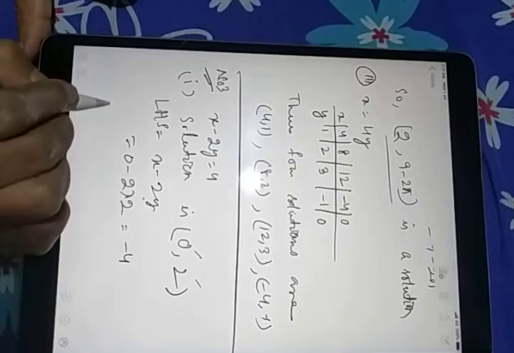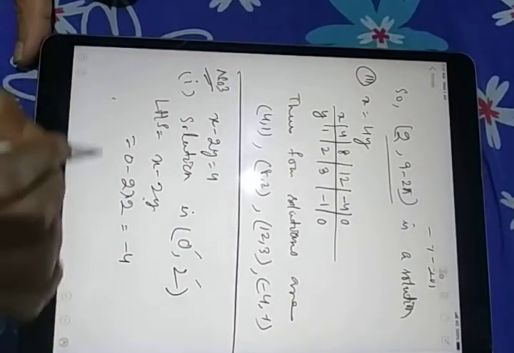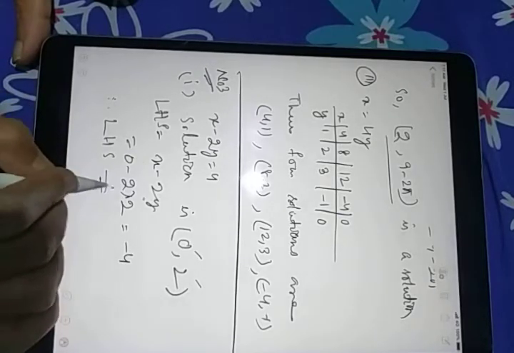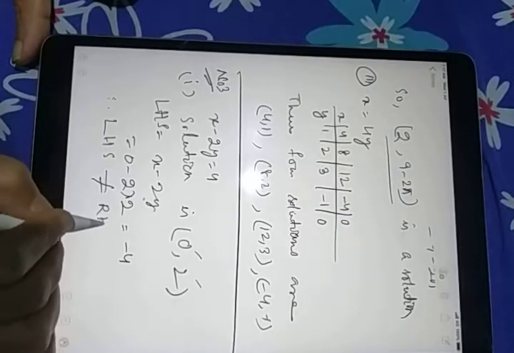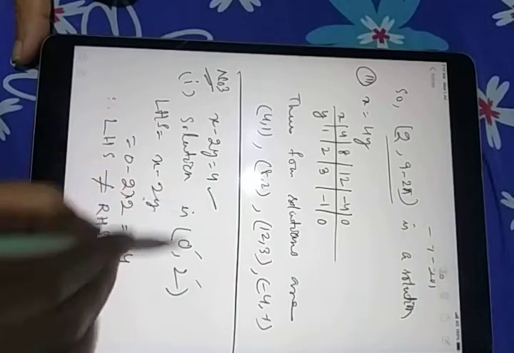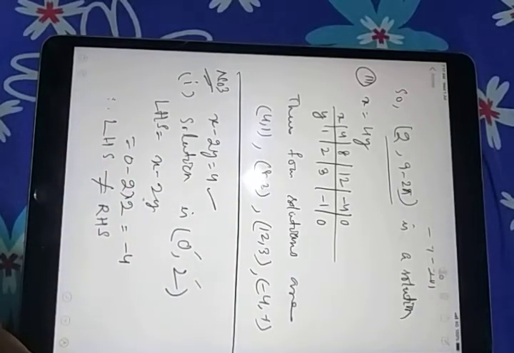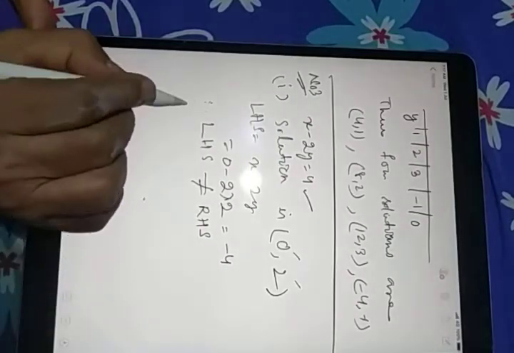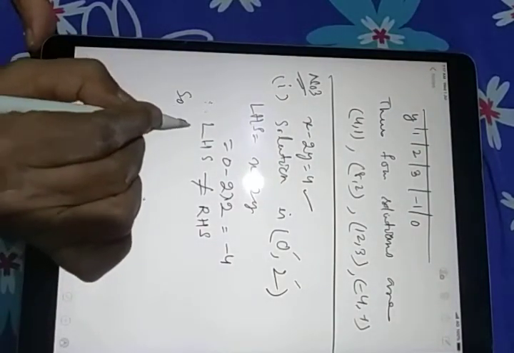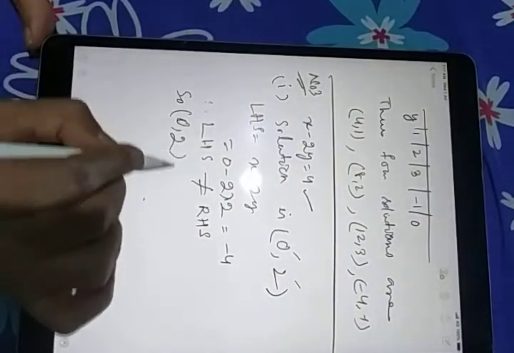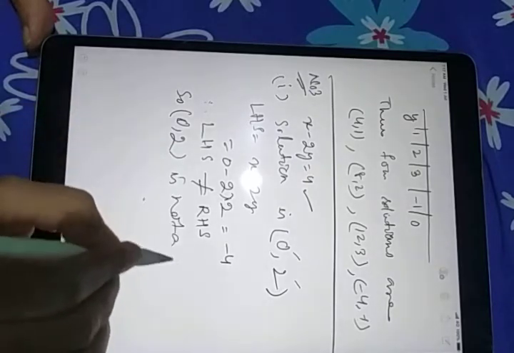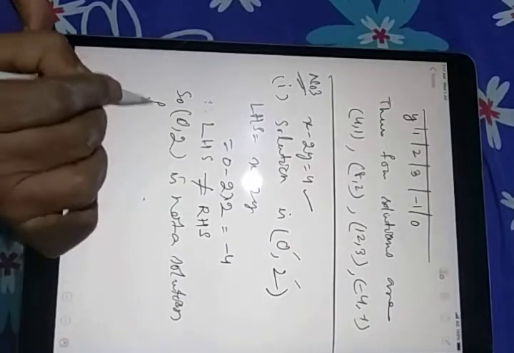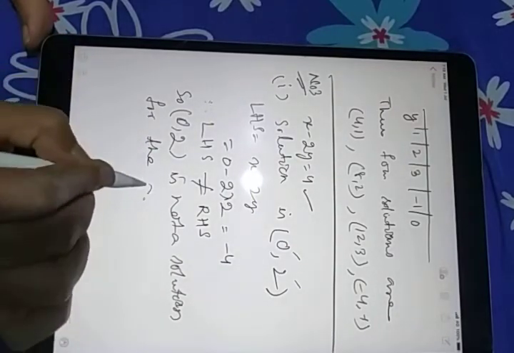So LHS is not equal to RHS. Here RHS is 4, so it cannot be a solution. So (0, 2) is not a solution for the above equation.